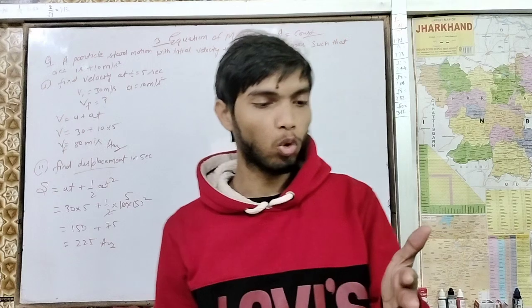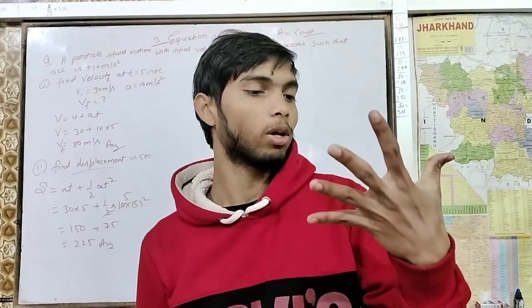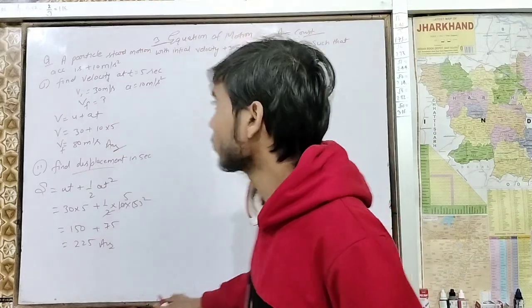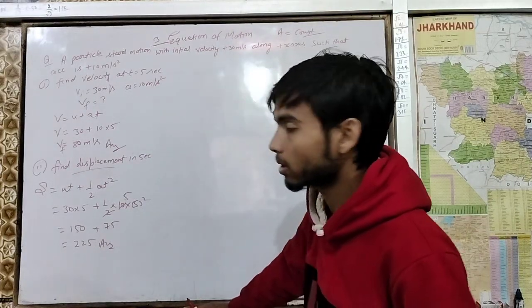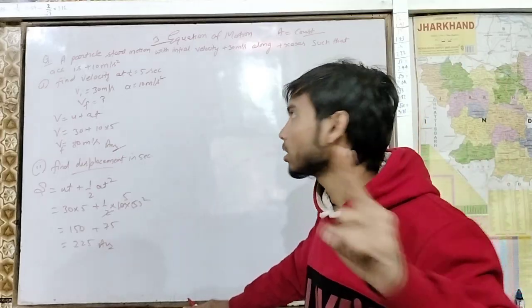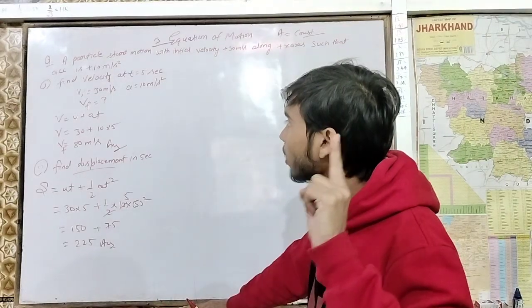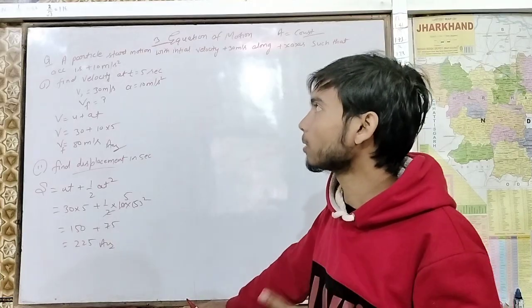A person who started running with initial velocity which was 30 meter per second, and he stopped at a place with a final velocity which was 80 meter per second.